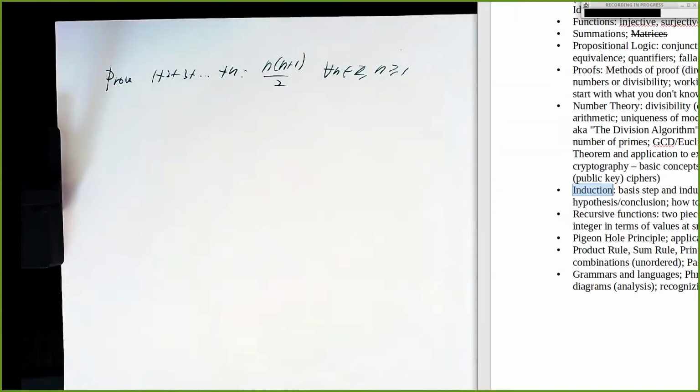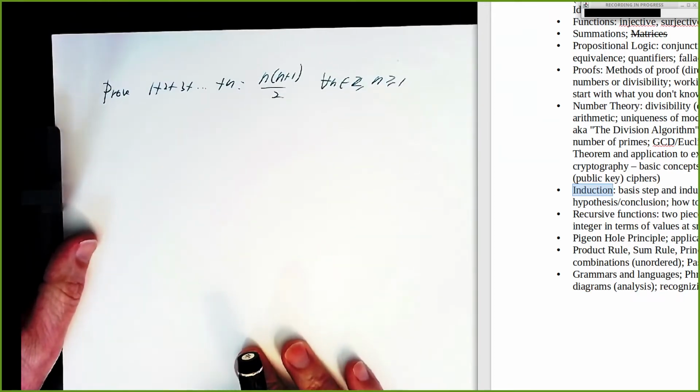Don't ever start talking about P of 1, P of 2, P of n, if you don't first tell the reader what the heck P of n is. You know what it is in your head, but the person reading your proof can't read your mind.